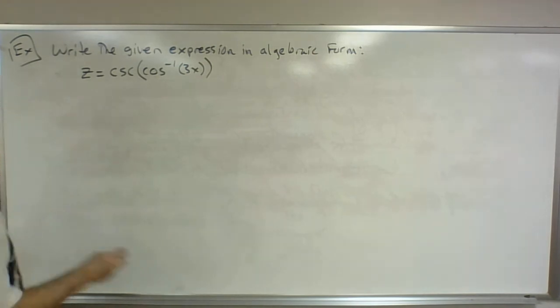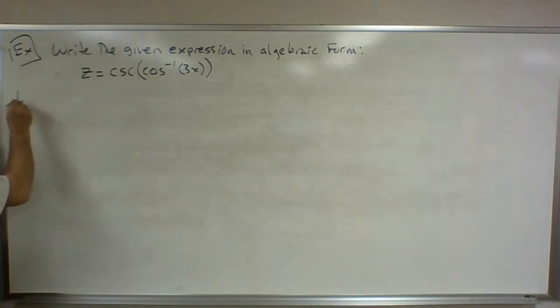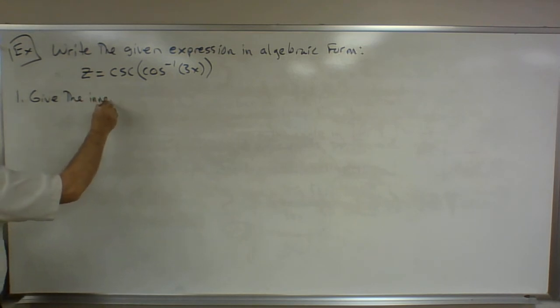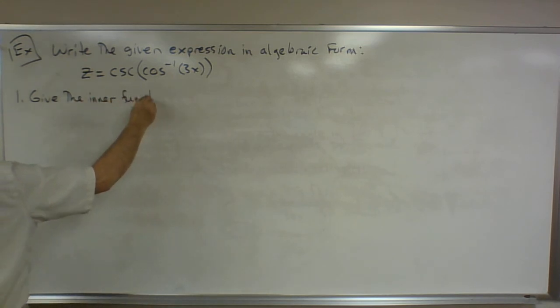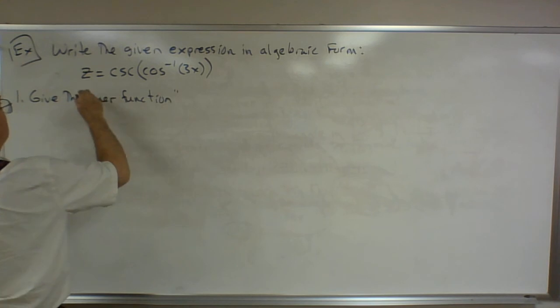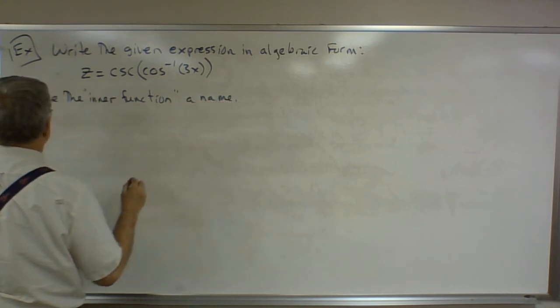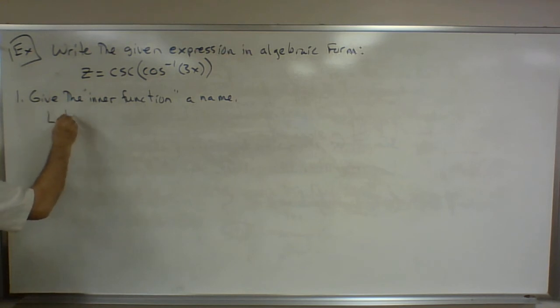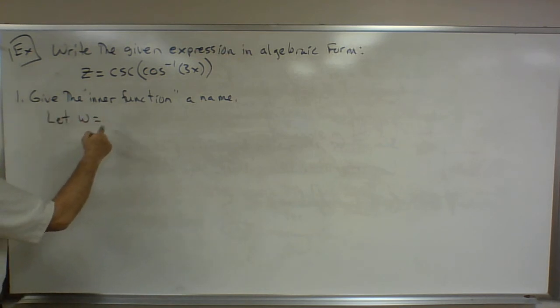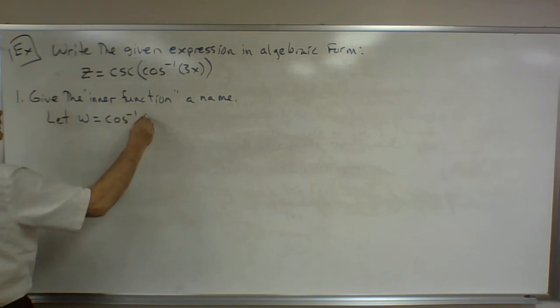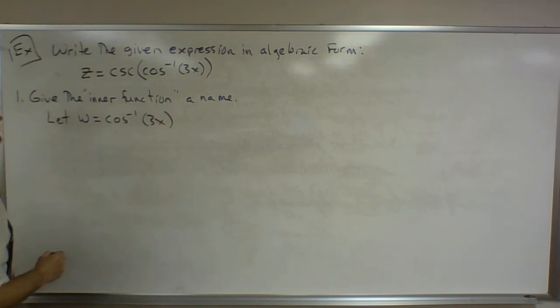We give the inner function a name, and we'll call it w. W equals cosine inverse of 3x.